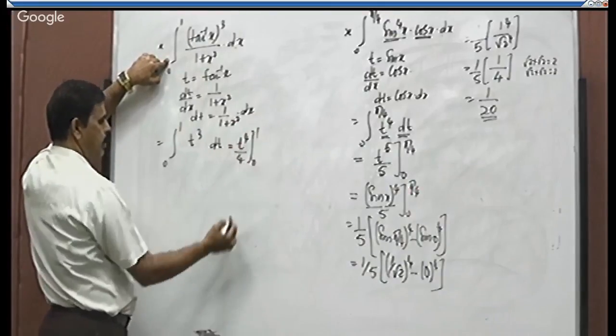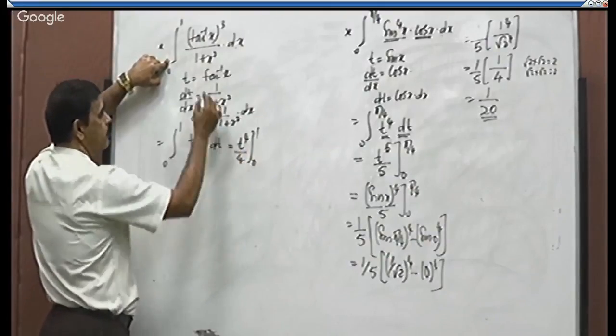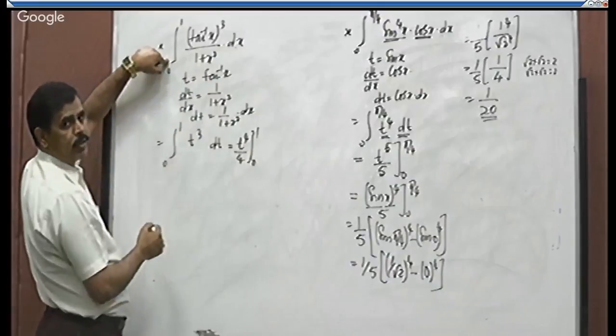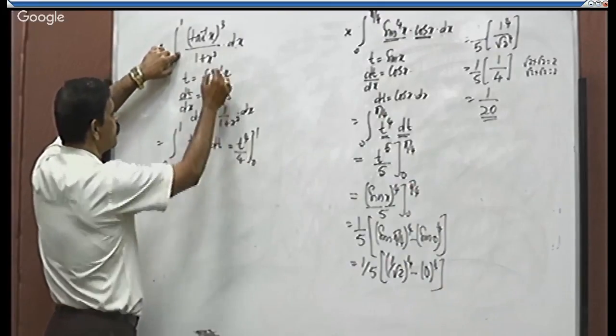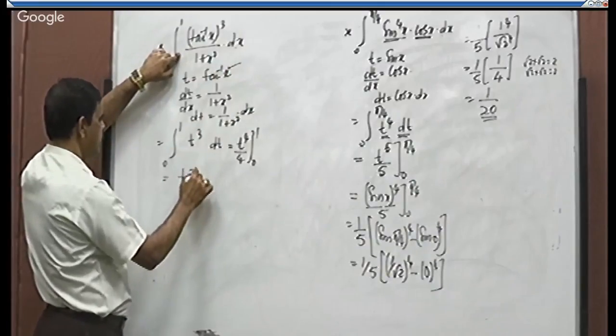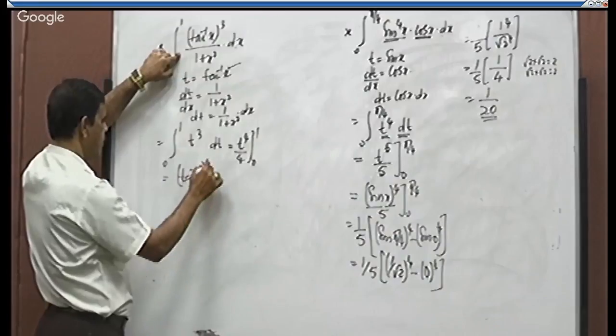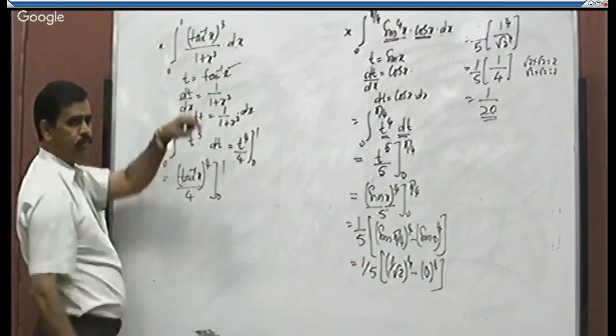Don't substitute the upper limit and lower limit for t because we have changed the variable. Then what to do? We have to write t in terms of x. That is tan inverse x to the power of 4 divided by 4, with limit 0 to 1.